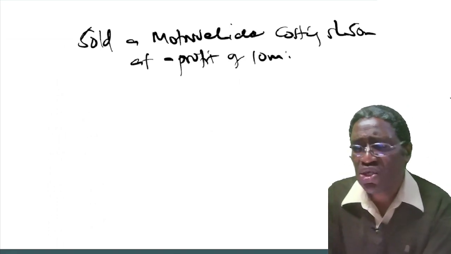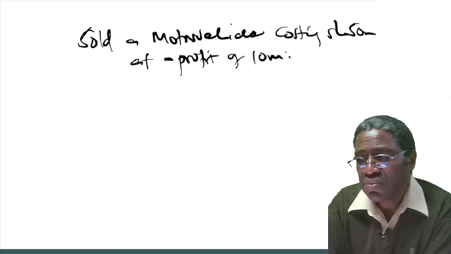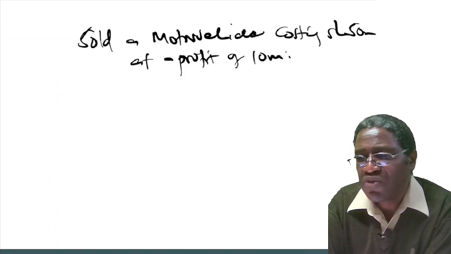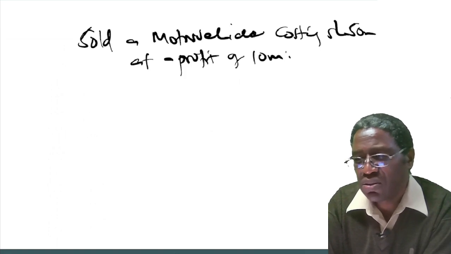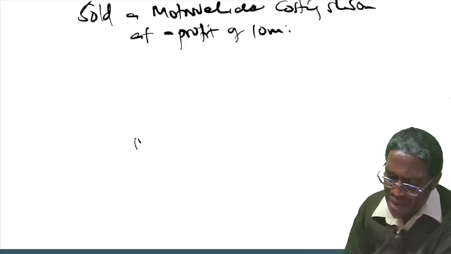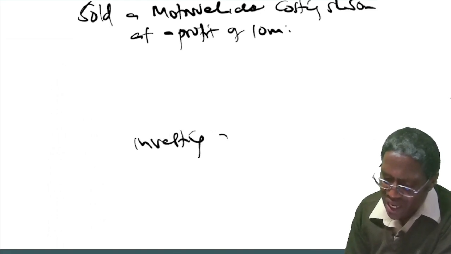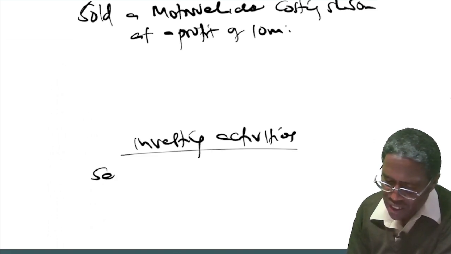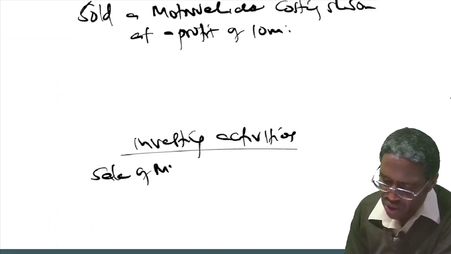If you are given additional information of that nature, when you will be doing your cash flow statement, among the investing activities, you will say sale of motor vehicle. How much?